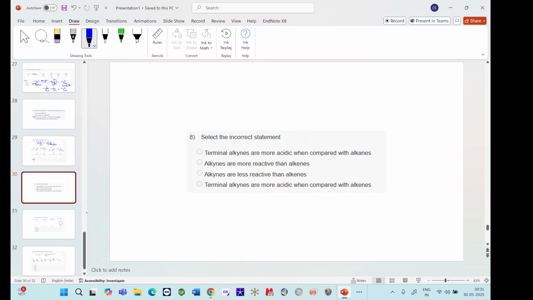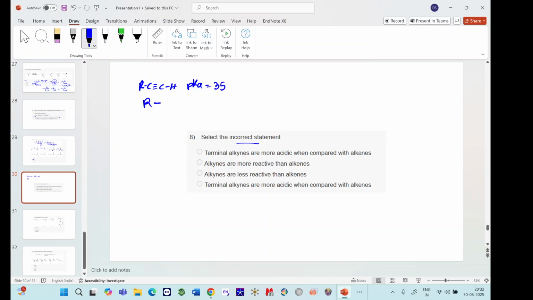Now move to the next question. Select the incorrect statement. Terminal alkynes are more acidic when compared with alkenes. Alkynes are more reactive than alkenes. Alkynes are less reactive than alkenes, and terminal alkynes are more acidic when compared with alkenes. So let us just write that. For the alkyne C-H, this pKa is 35.